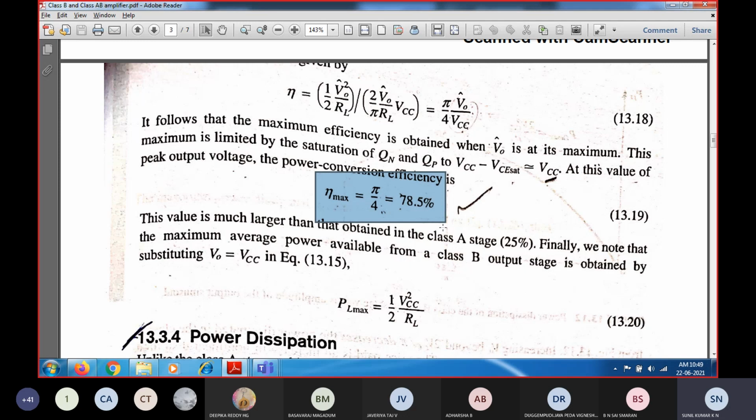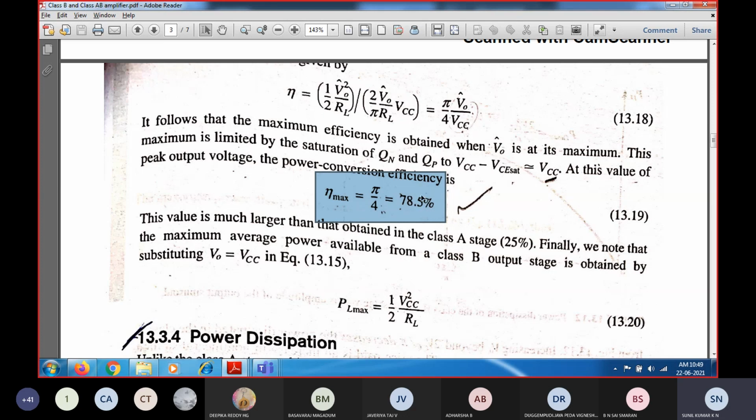For the class A amplifier it was just 25% conversion efficiency. With the transformer coupled class A amplifier, the maximum efficiency can reach up to 50%, and with the class B complementary transistor configuration, we are getting 78.5%.